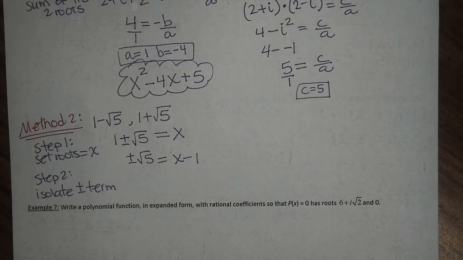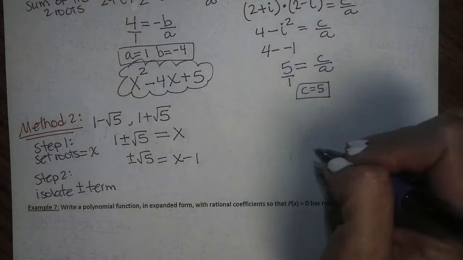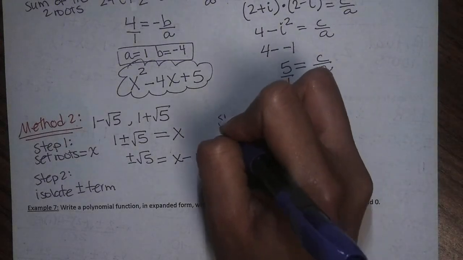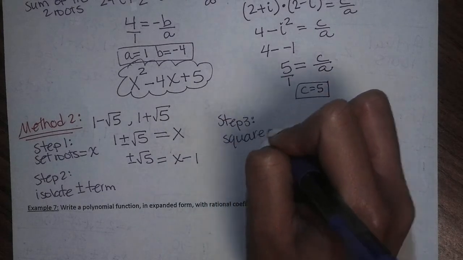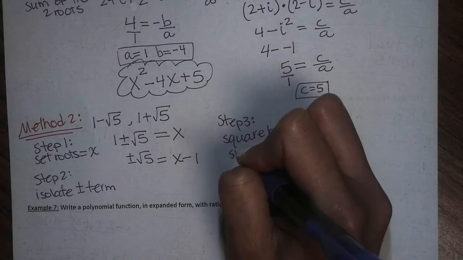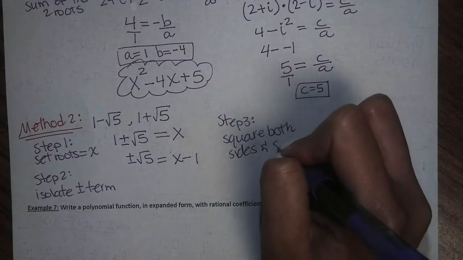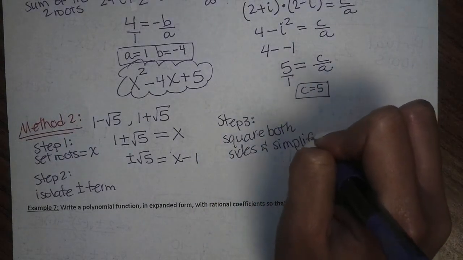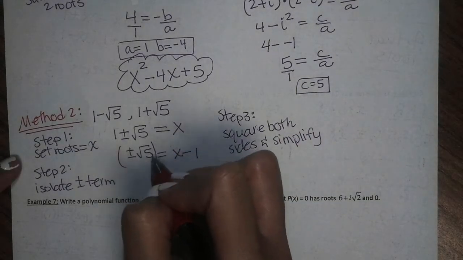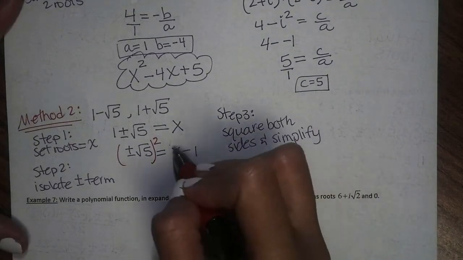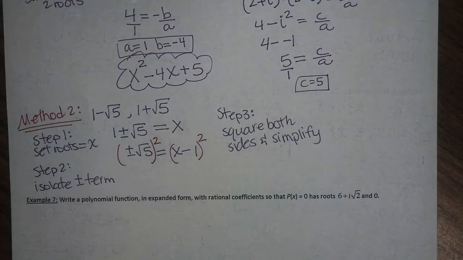Step 3 is going to be to square both sides and simplify. So I need to square the left side of my equal sign, square the right side of my equal sign, and simplify.